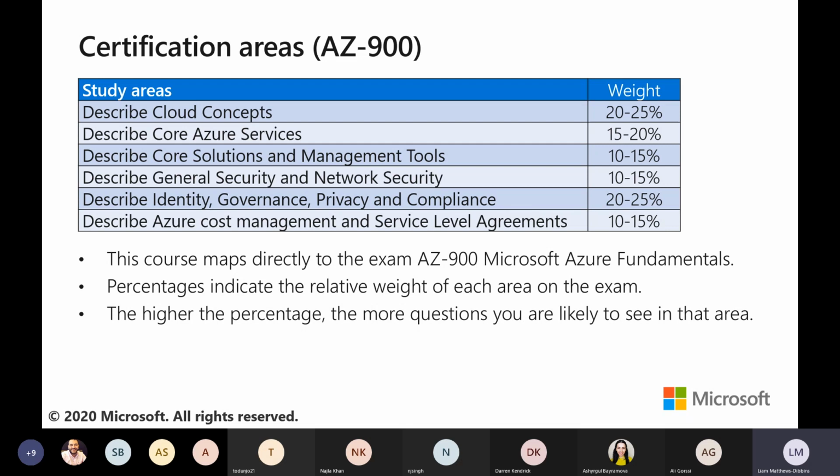Interestingly, there is quite a lot of weighting to the cloud concepts and identity, governance, privacy, and compliance, because they cover quite broad areas. The reason for that is that in prior versions of the exam, these topics were combined. So services and solutions were kind of one big topic, and that's why they've been split out and are now in smaller domains.